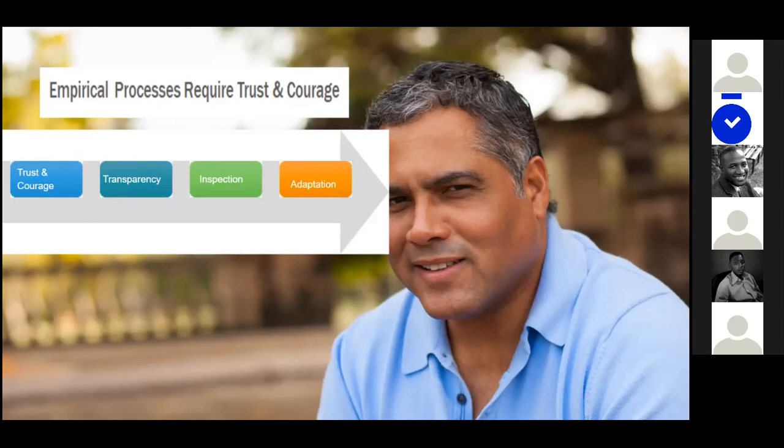So trust and courage is needed. We need to be able to trust people. We need to also be able to have courage to challenge the status quo. Of course, transparency is needed, visibility is needed, inspection, and of course, adaptation. Inspection refers to we learning from the situation, we observing the situation.